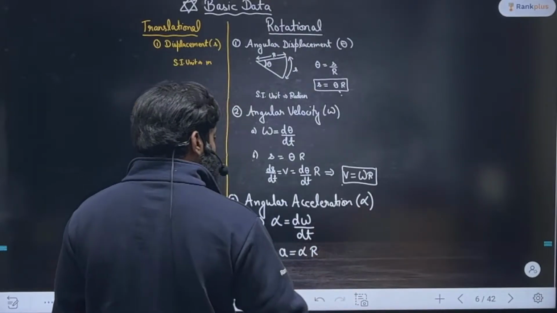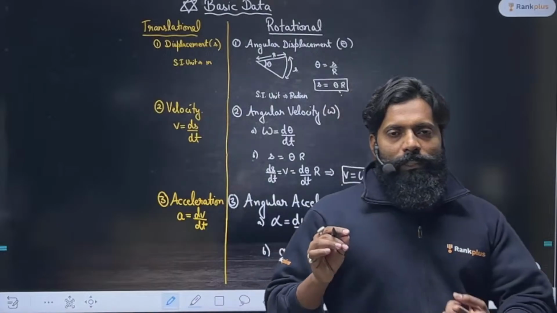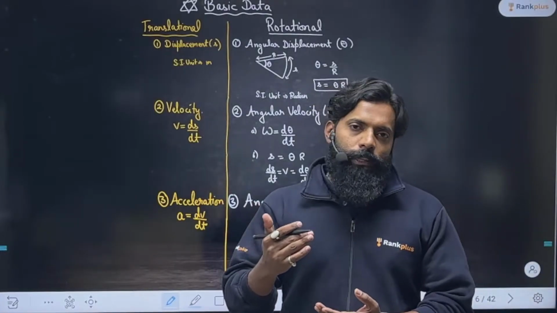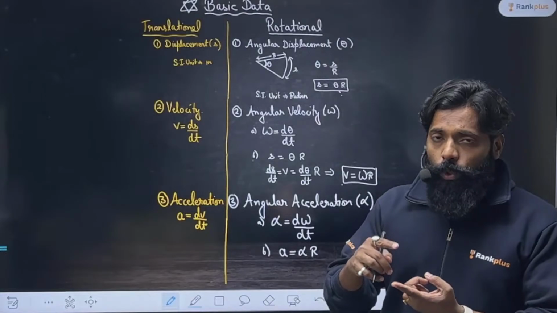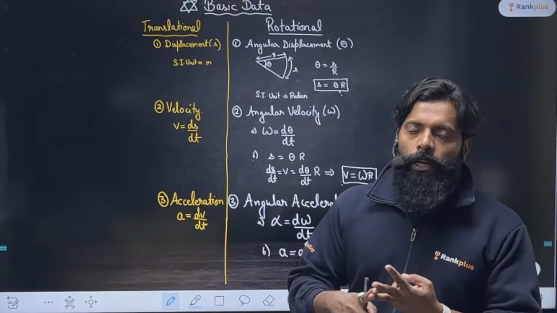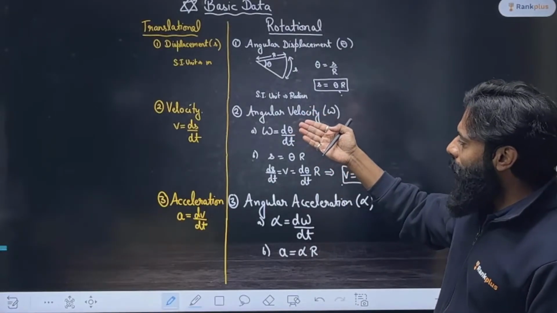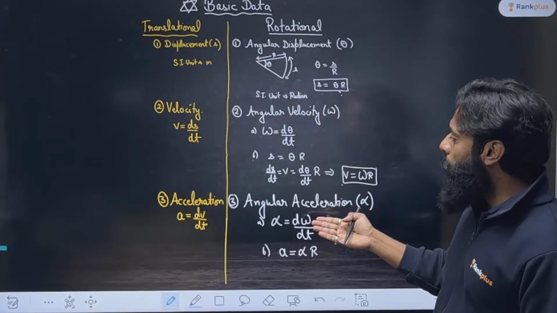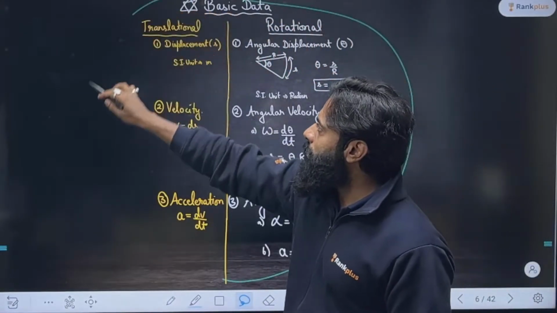I hope that this thing is clear. So these are the basic data which are required when we are dealing with rotational motion. We must know the displacement, we must know the velocity, we must know the acceleration. Here, the terminologies get changed. Here we will talk about the angular velocity. Here we will talk about the angular acceleration. Okay, I hope that this thing is clear to you.